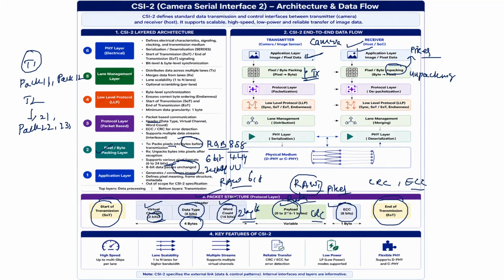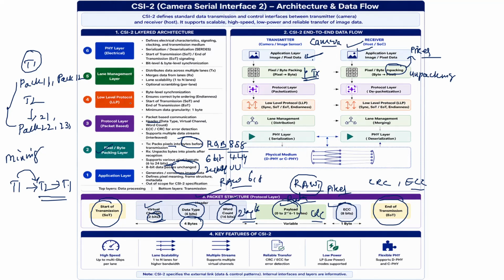Interleaving means the mixing of the data. Transaction 1 is mixing with transaction 2, transaction 1 followed by transaction 2, and transaction 2 followed by transaction 1. In this way the data will be mixed here. That is what the protocol layer supports.